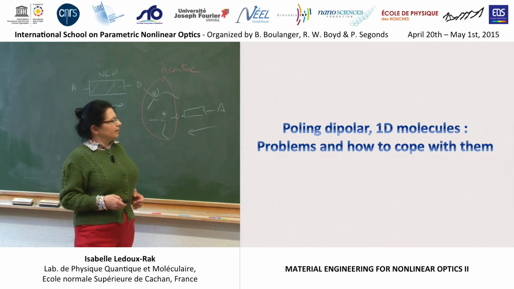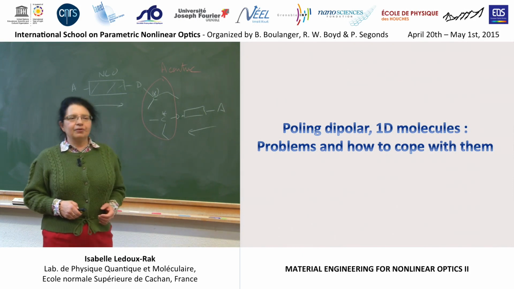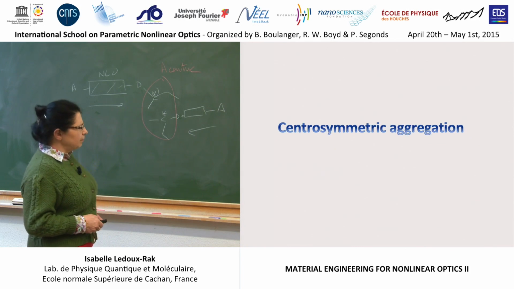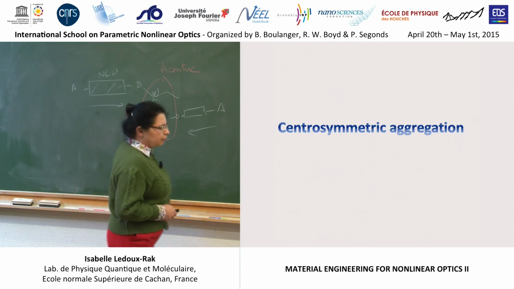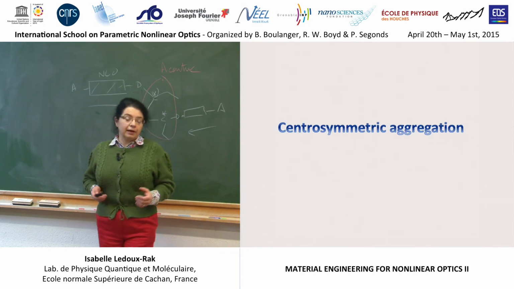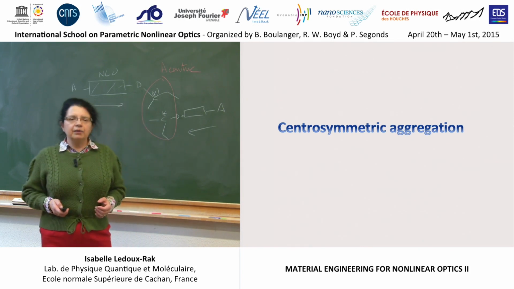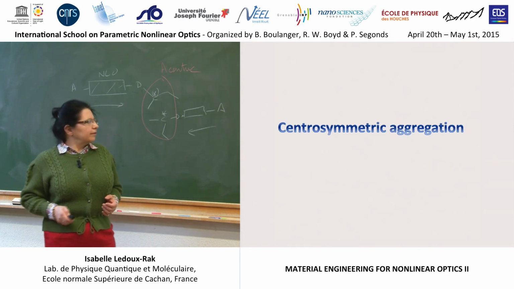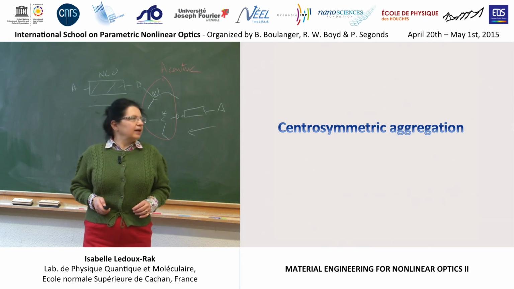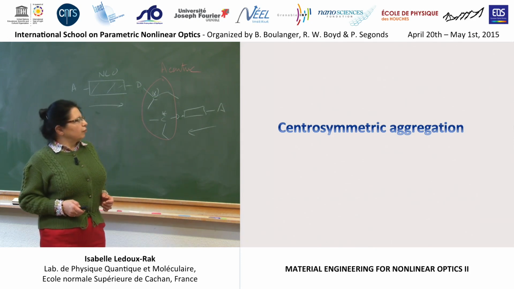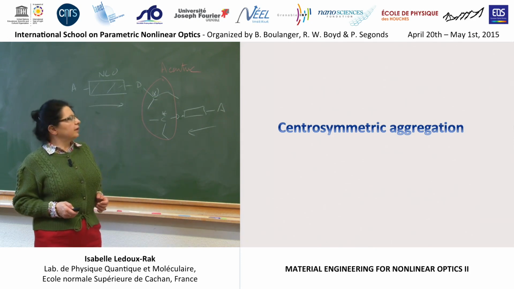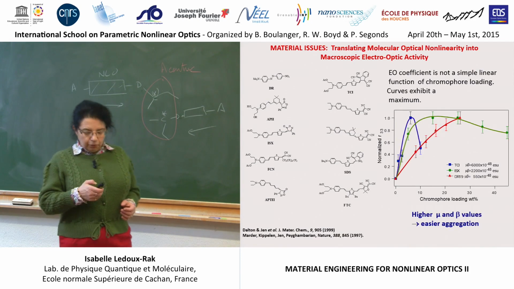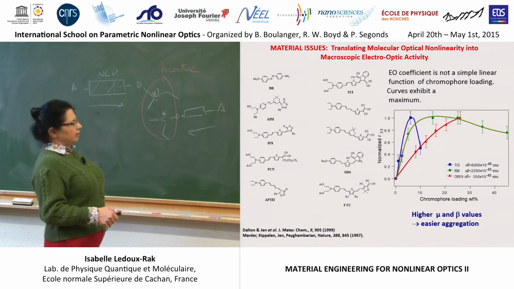But these problems are not solved yet, because when you have strongly nonlinear molecules, they display high dipole moment, and in spite of the application of the electric field, they show a centrosymmetric aggregation tendency, especially when increasing the concentration.